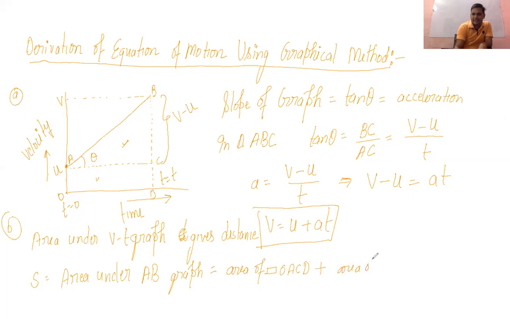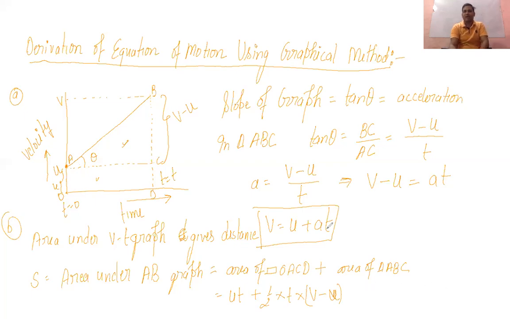In the rectangle, this is your length and t is your breadth, so this will be ut, plus the area of the triangle, which will be half, base is t, and height is your v minus u. This is height.